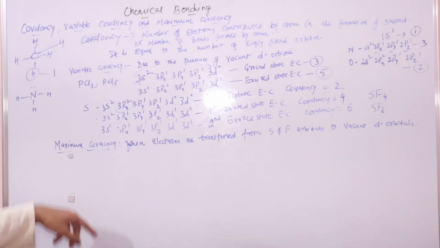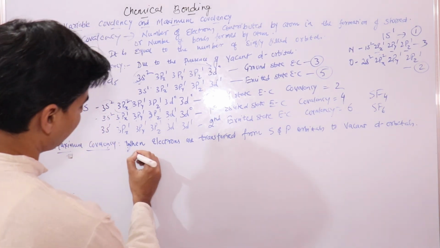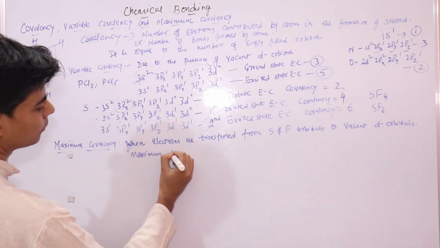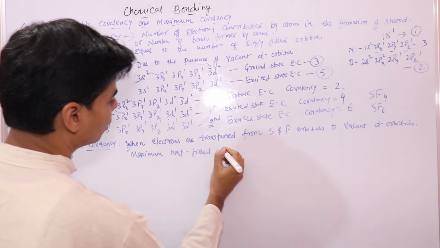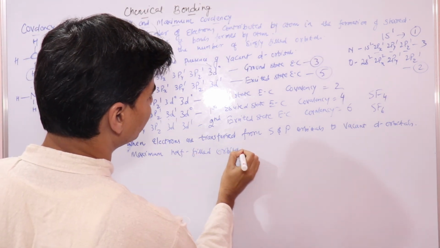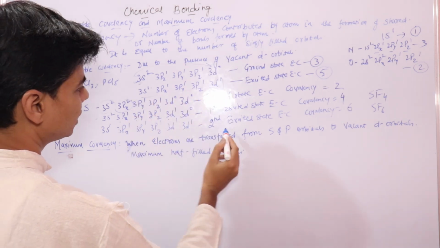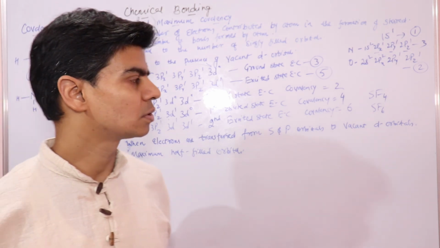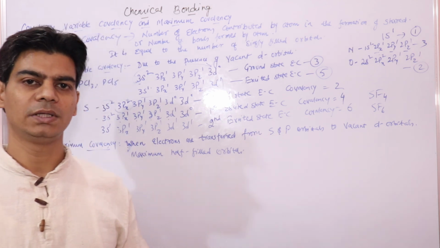This is your maximum covalency. Maximum covalency just means maximum half filled orbitals, which we can easily see in case of phosphorus is 5, in case of sulfur it's 6, right? So I hope all this concept of covalency, maximum covalency and variable covalency is clear.